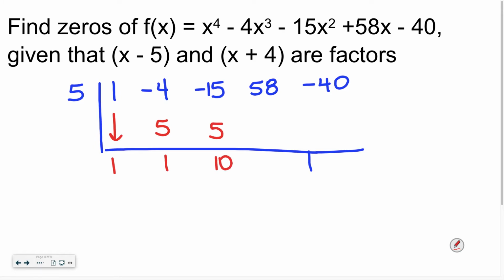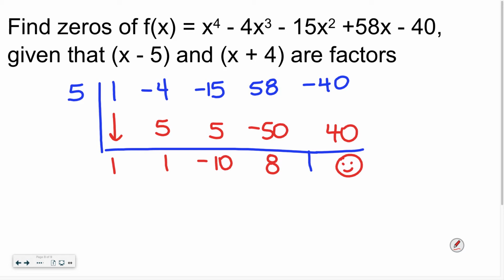Negative 10. Hey, we knew that that would happen. If x minus 5 was a factor, we better get a remainder of 0 when we take that through. Okay, now what Brecken mentioned, we don't have to start over.